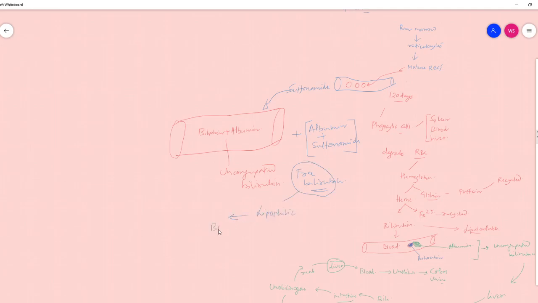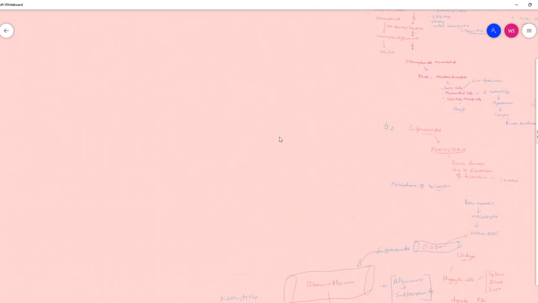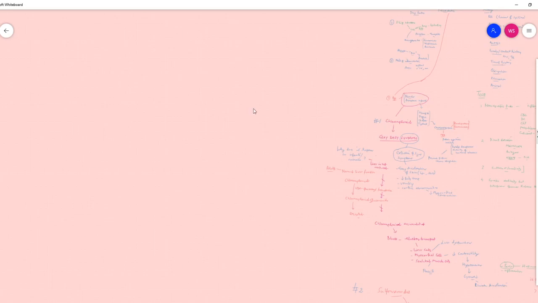It will cross the BBB. It will get deposited in the neurons, and that we call Kernicterus. Again, this is the second drug that we are talking about, which is clinically significant in neonates and premature infants.